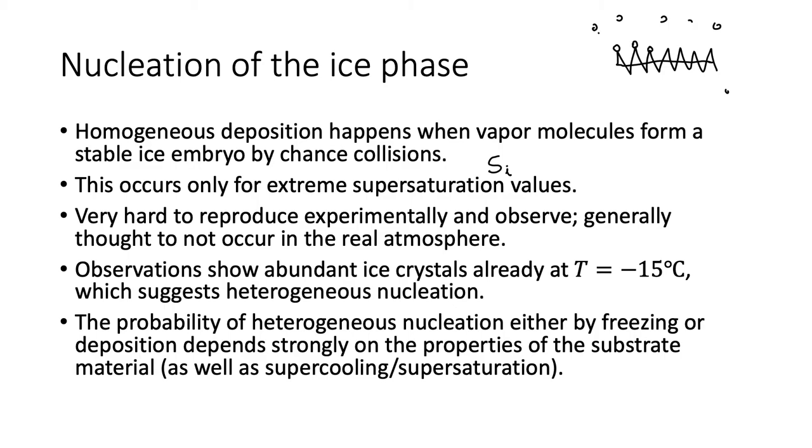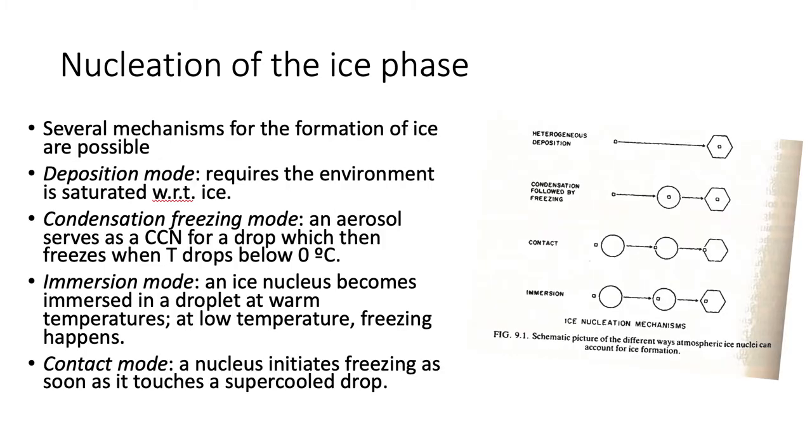And this is what I want to discuss now. With heterogeneous freezing, basically you'd have some particle from outside that we call an ice nucleus. And it's indicated typically by IN. Okay, so CCN was cloud condensation nuclei, and this is IN now for the ice.